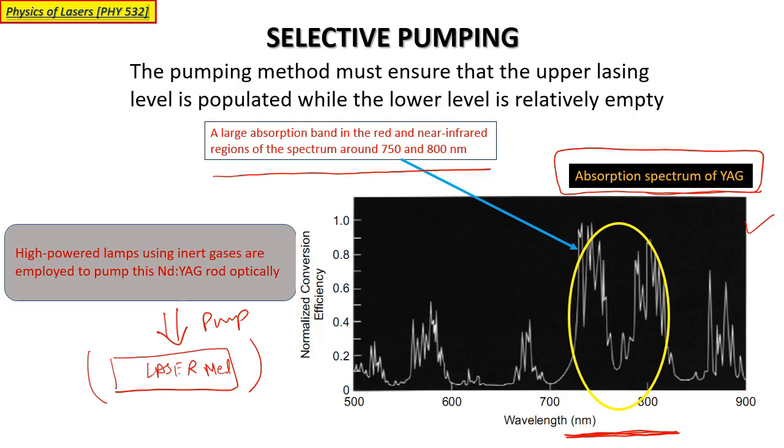So if we have a pump which can exactly match, emit the light in this region, then we can say that this pumping source is suitable for YAG laser. So whenever we decide the pump source, we should know about the absorption band.